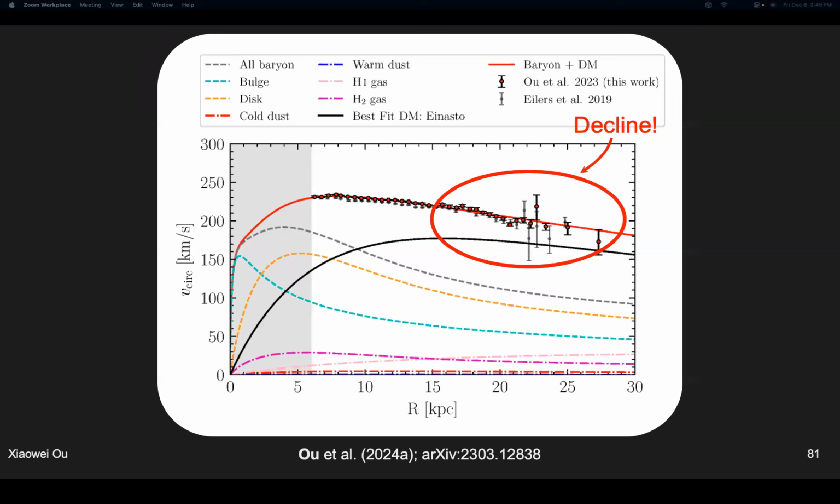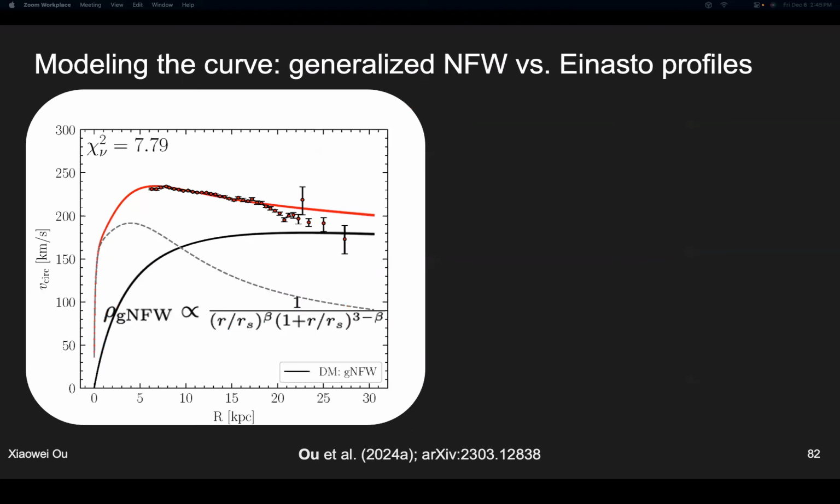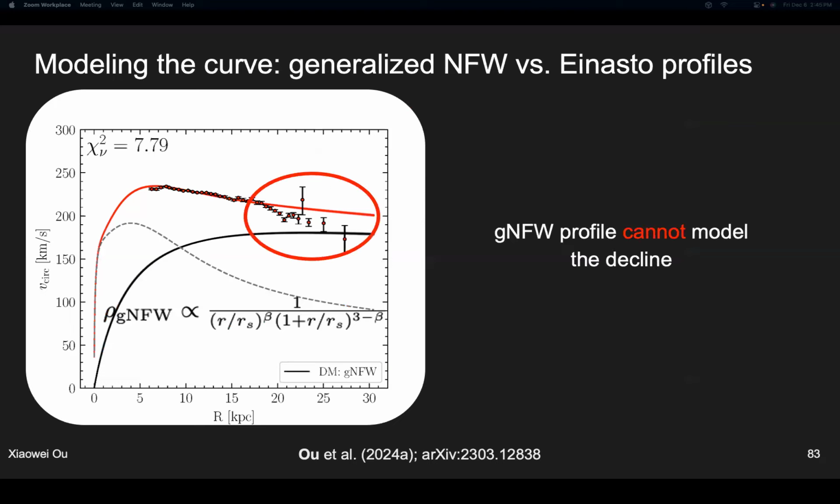This is not something we've been expecting, because if we try to model this curve with a generalized NFW profile for dark matter, we find that this profile is having a really hard time modeling that decline. There is always a gap between the measurements and the model, telling us that if we assume some NFW profile, even with a varying inner power law index, it's really hard to reproduce or explain that decline.